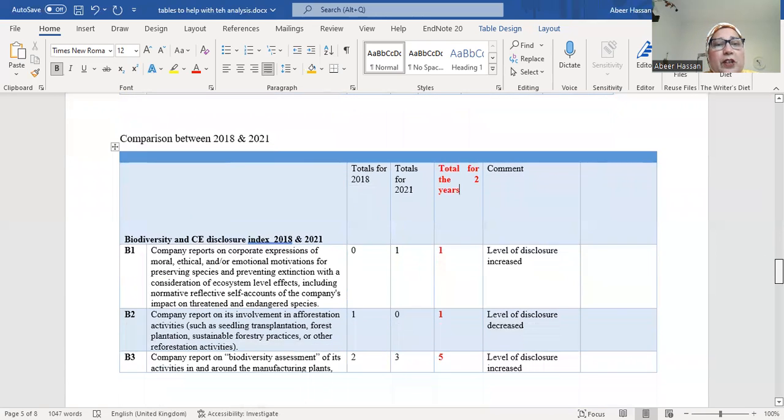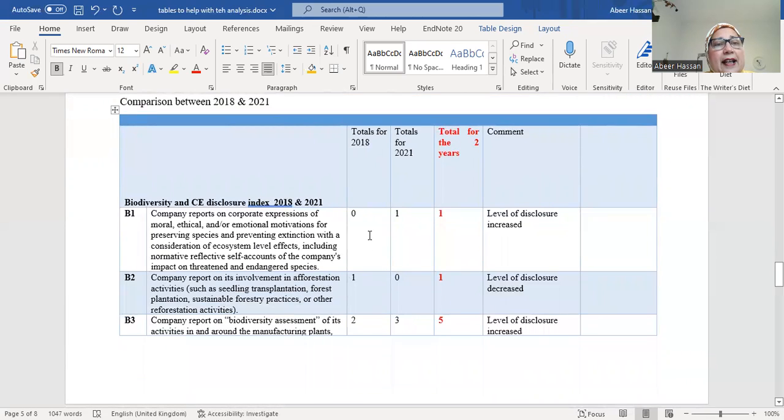If we move to B2, in 2018 you scored it 1. But in 2021, you did not find the information about this item whatsoever. That means the total disclosure is 1, but the level of disclosure decreased.